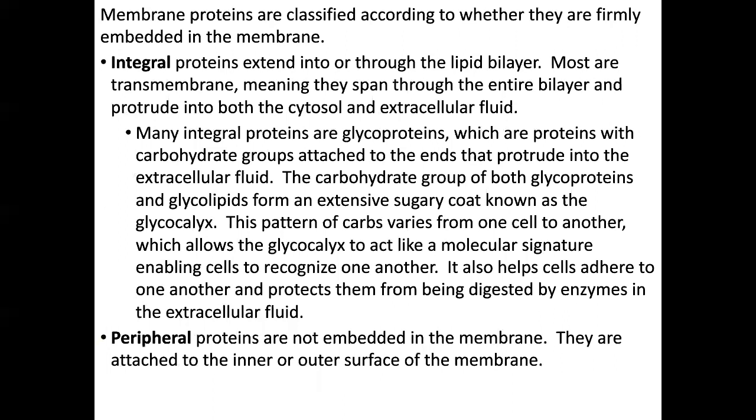Let's talk now about the membrane proteins. We classify them based on their location within the membrane as either being integral or peripheral. Integral proteins are going to extend through the bilayer.